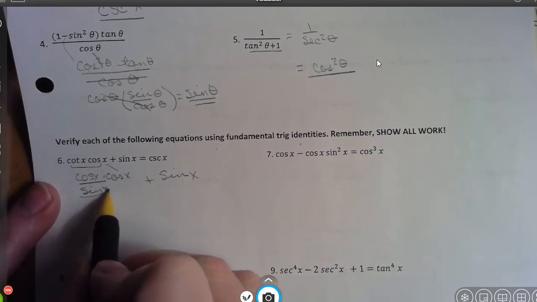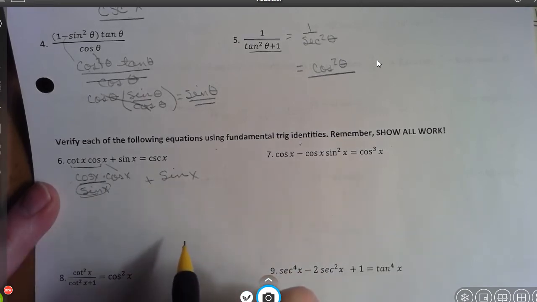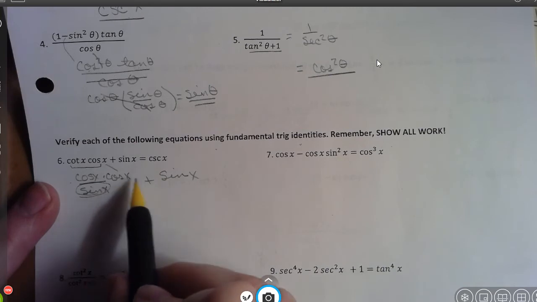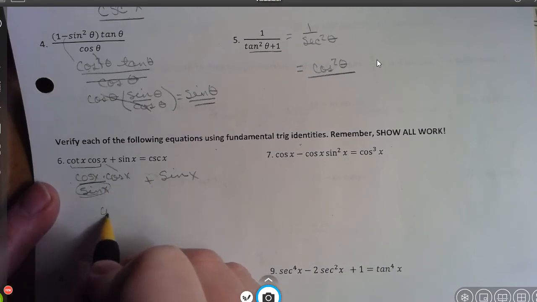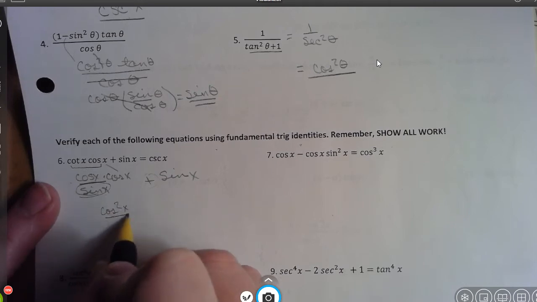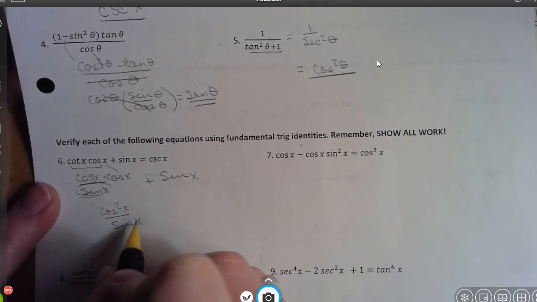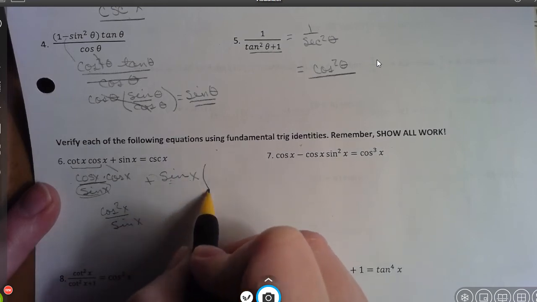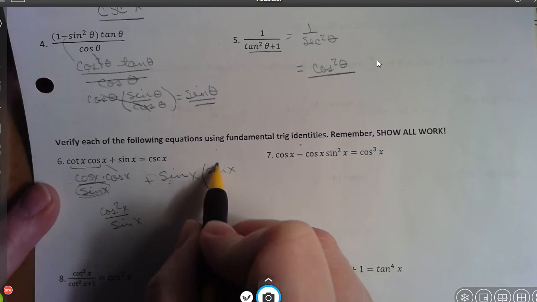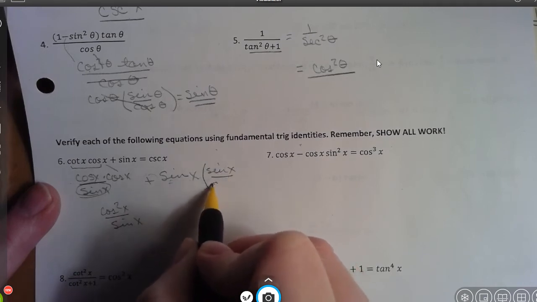So that means I probably want to get over sine on these and see where I can go to. So I'm adding. I do not have a common denominator. I do have cosine squared x over sine x. But what I don't have is a sine over here. So I need to multiply this side by sine over sine to get that common denominator.